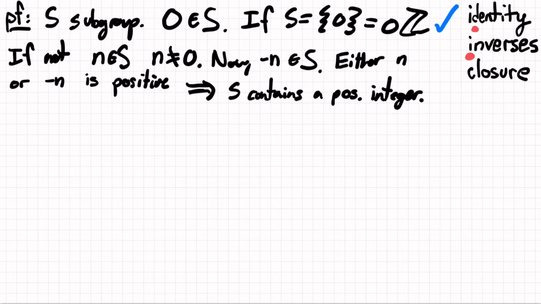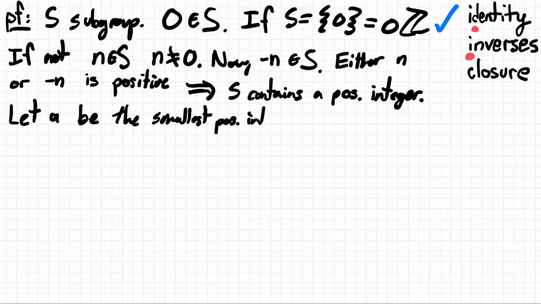And what I want to claim is that we let a be the smallest positive integer in S. This exists because I just showed that S contains a positive integer, and because positive integers have an ordering, they are well ordered or something like that. But really, we know it has to contain a smallest positive integer because it contains 1. We can just keep going down.